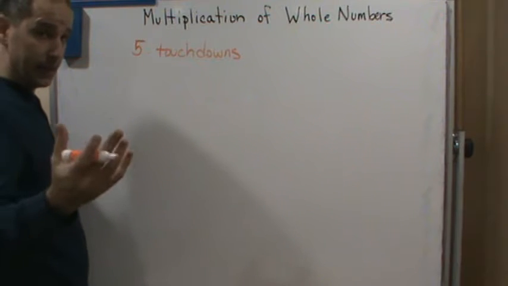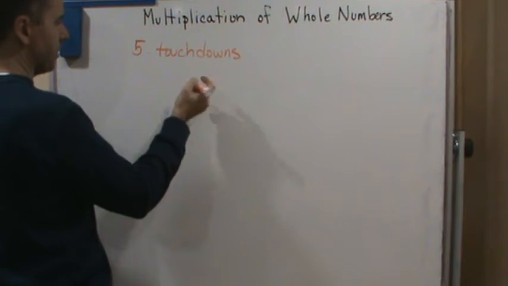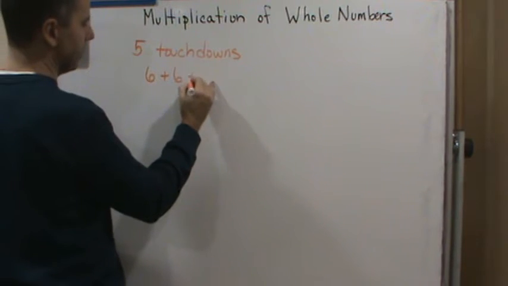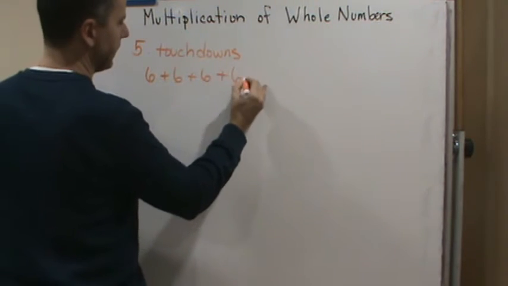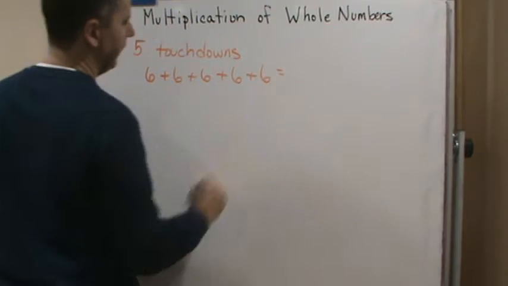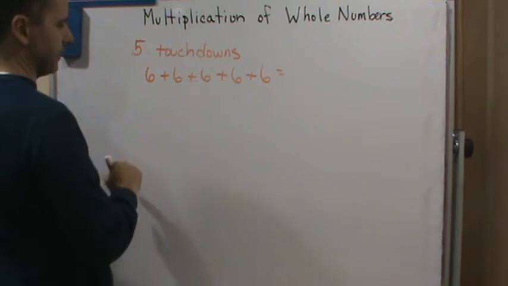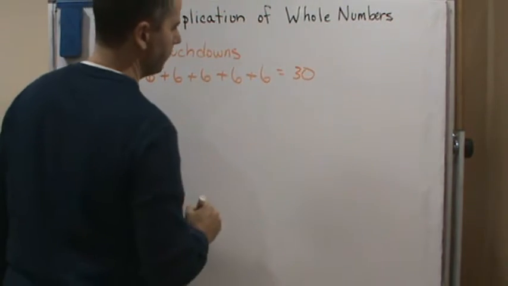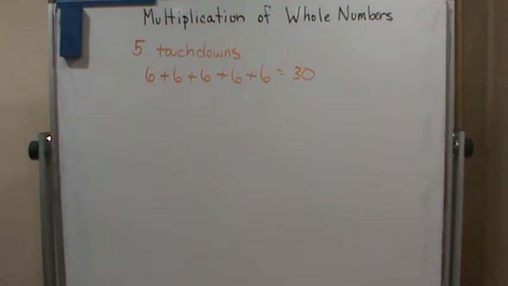You could write it as an addition problem. So 5 touchdowns, so that's 6 points each. So then it would be 6 plus 6 plus 6 plus 6 plus 6. And then add up the sixes. 6, 12, 18, 24, 30, right? And so you got a total of 30 points.